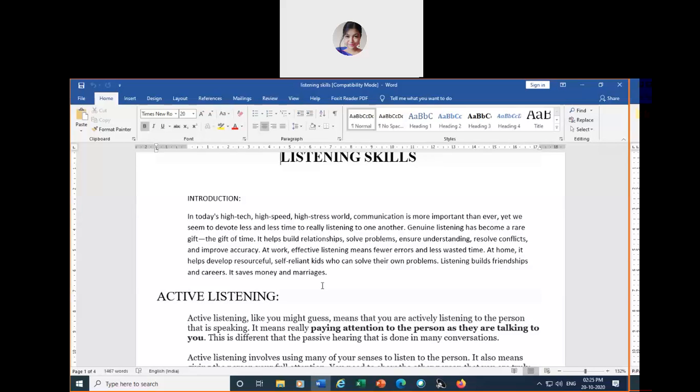Reflective listening involves a two-way communication process. The speaker speaks, the listener listens and also provides feedback, tries to interact with the speaker, and tries to understand the speaker's idea properly.